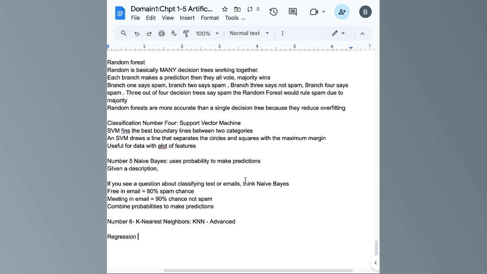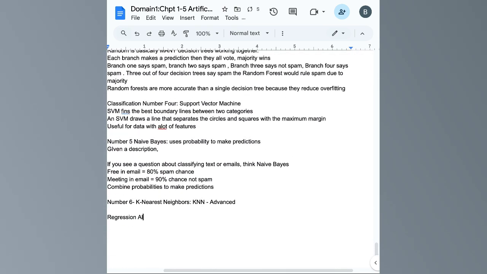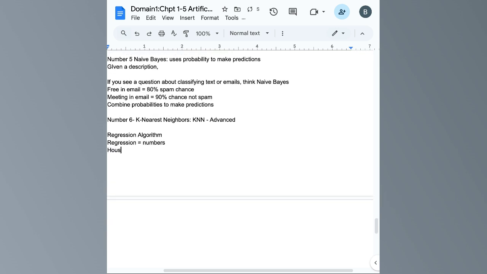That's it for those six classification algorithms. Next, we go back to regression algorithms. So remember, regression equals numbers. House prices, age, salary, any numerical data falls under regression.